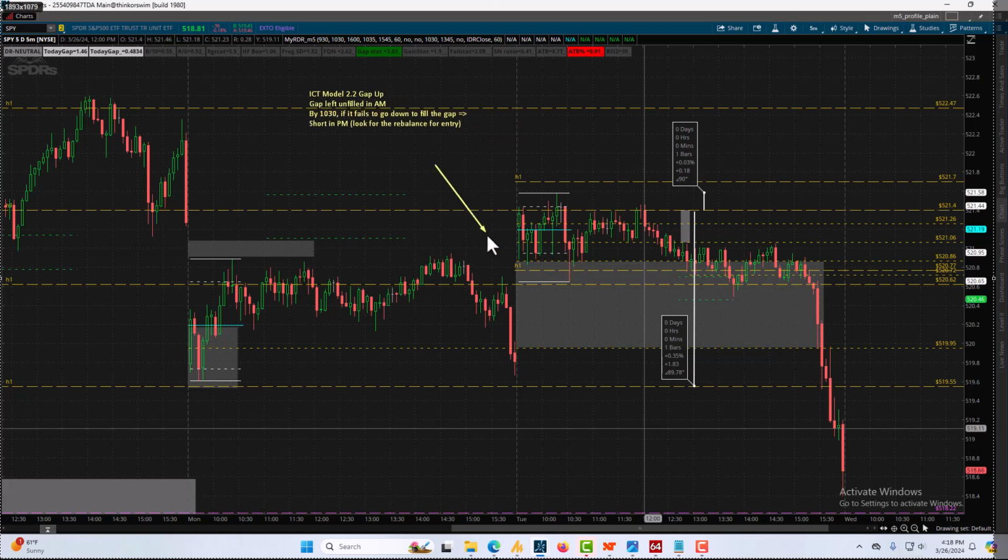So basically you have a gap up and it creates a Judas swing. Oh, the Judas swing at 9:30 right there, you see. And then look for right here the imbalance and the rebalance.